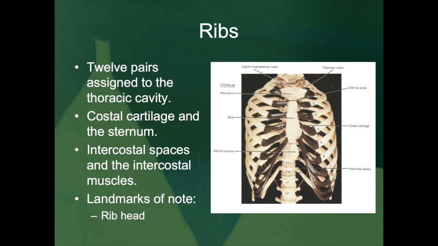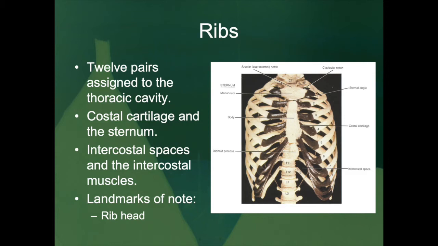Each rib is going to articulate posteriorly with its corresponding thoracic vertebrae, in order, again, numbering the ribs like the thoracic vertebrae themselves. We count downward from the 1st costal cartilage, and then we increase in number as we move top to bottom.